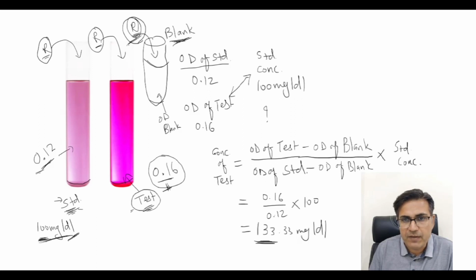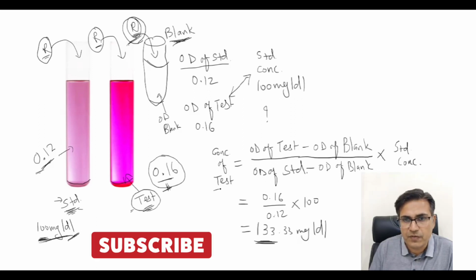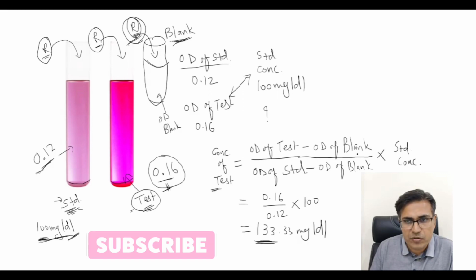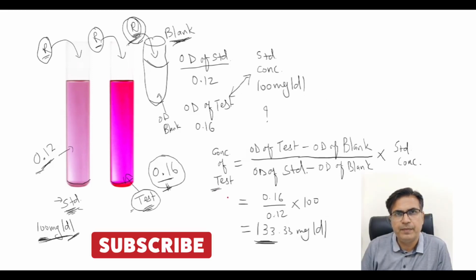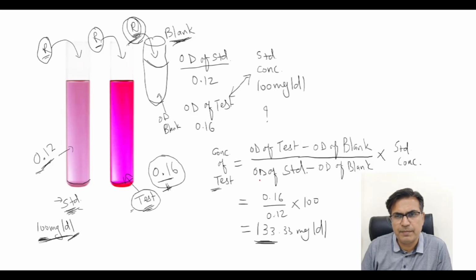Okay, so the final formula will be: concentration of unknown test solution is OD of test minus OD of blank, upon OD of standard minus OD of blank, into standard concentration. Okay. In exams, many students make a mistake in putting this formula. They put standard in the numerator and test in the denominator.